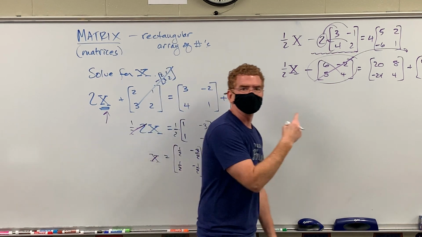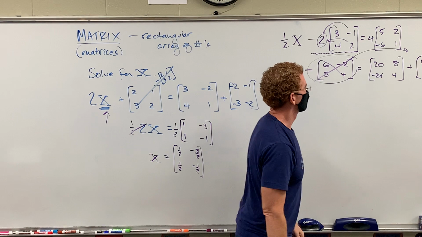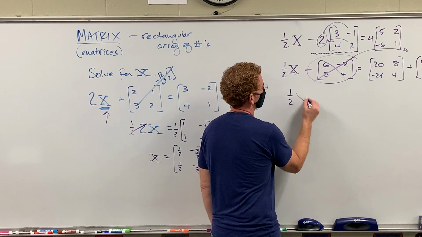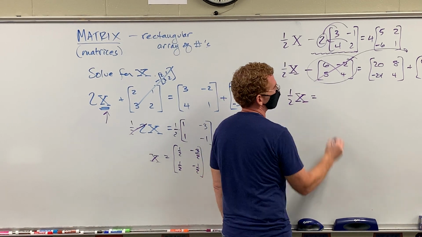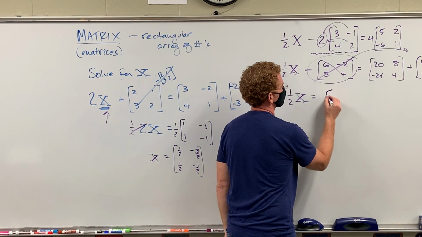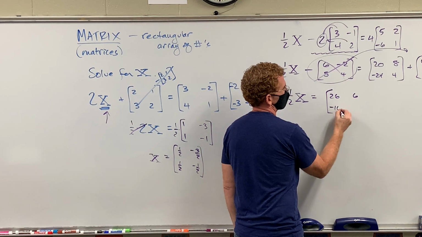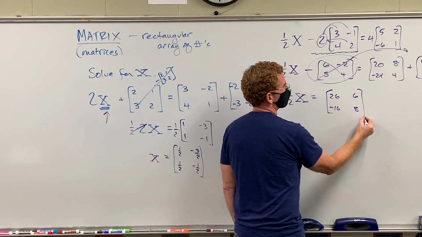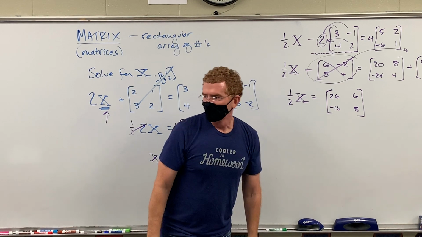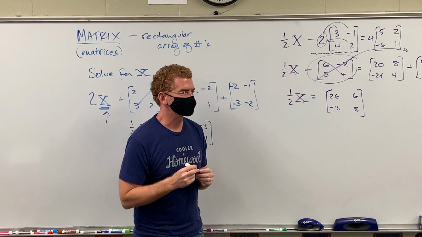Hopefully that is in my video. Sorry, I'm moving it over here and it's a plus if you can't see that. So I get one half x, and what do I get when I add these two together? 26, negative 16, 8. And now what would you do to get x by itself?